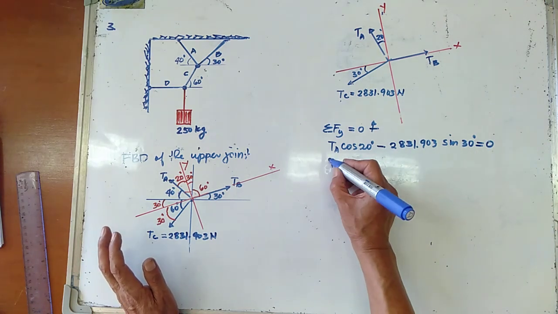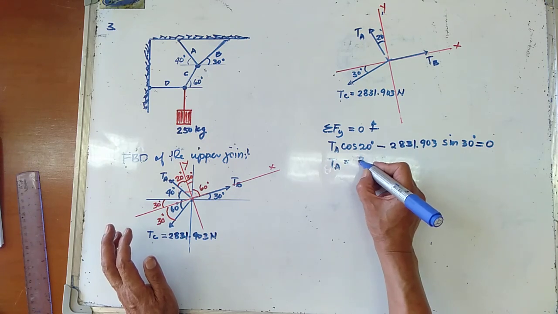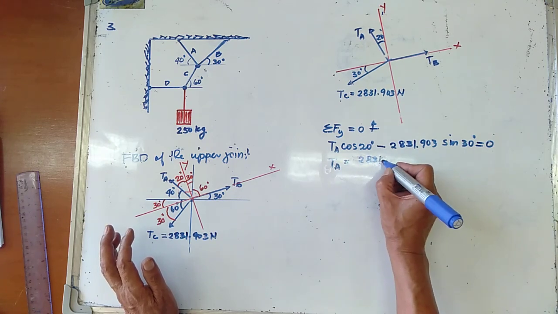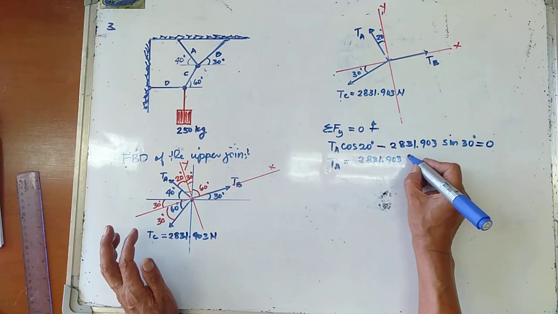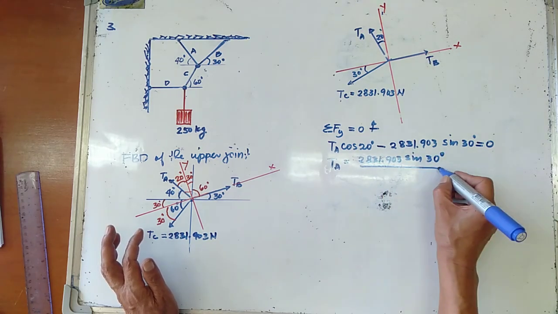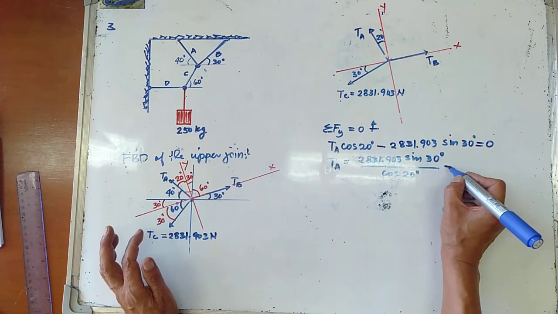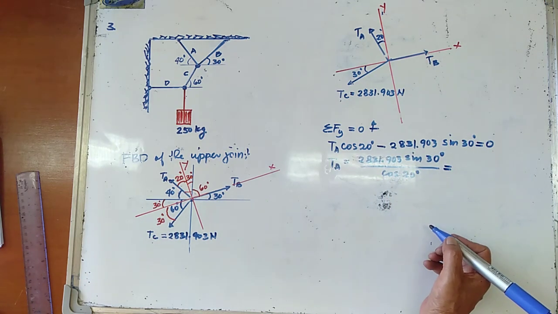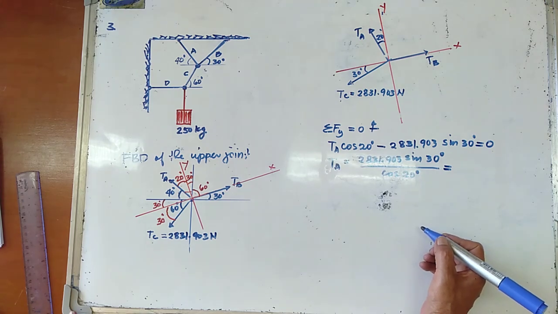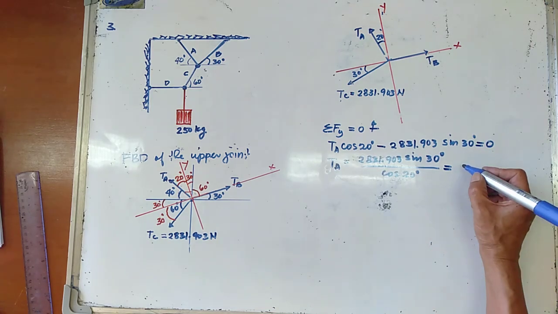So your TA is equal to 2831.903 sine of 30 degrees all over cosine of 20 degrees. And your TA is now equal to 1506.824.